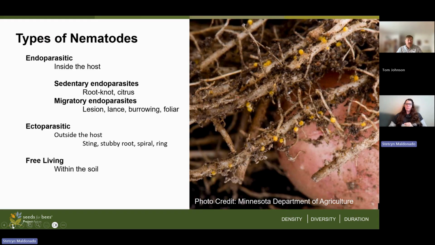These are guys that will settle inside of the plant and then they'll just stop and stay where they are. So in the picture over here, I want to say they're a cyst nematode, and those yellow bumps are actually female nematodes, and they're lodged inside of that root, and that's where they'll spend the rest of their lives, right there in that root.